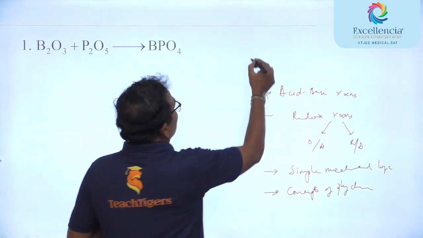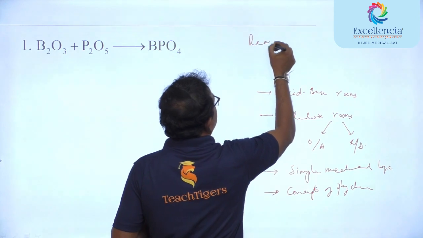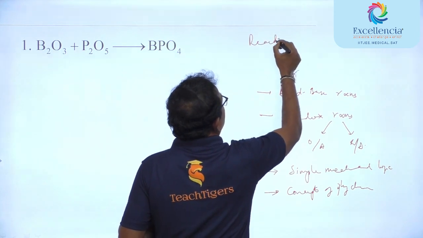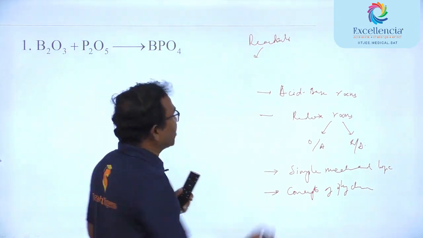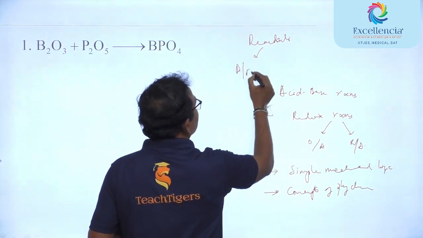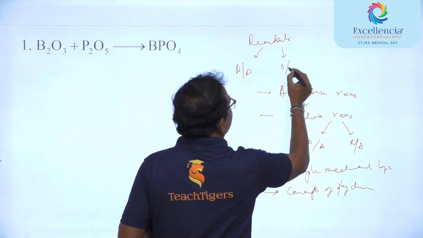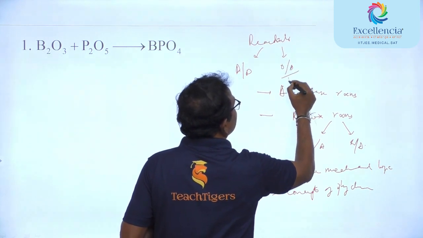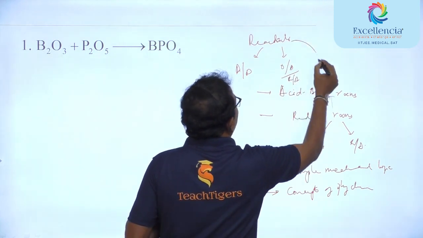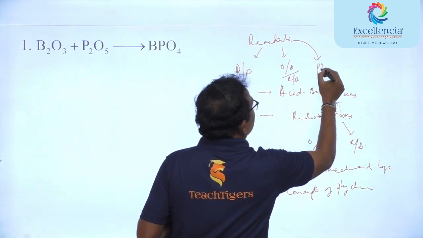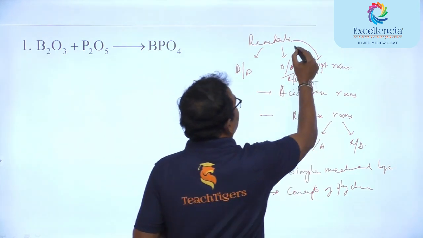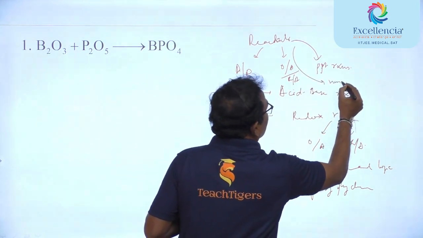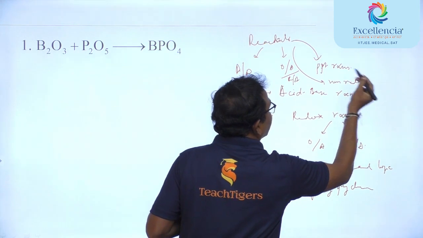The reactants here can be acid or base, can be oxidizing or reducing agents, or it can be simply some precipitation kind of reactions, or non-redox reactions at times.